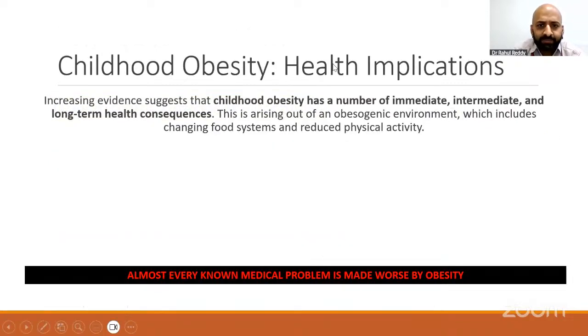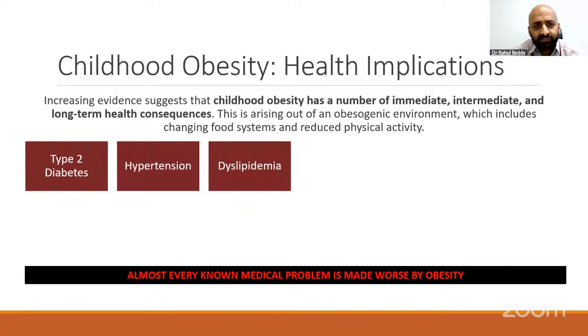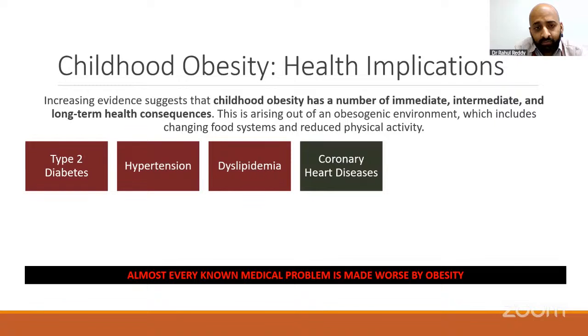So child obesity has health implications which are either immediate, intermediate, or long-term. And we need to know that type 2 diabetes is a common consequence of child obesity, either in adolescence or early adulthood or middle age. Hypertension is another one. Then dyslipidemia can occur because of the wrong dietary habits as well as lack of exercise, and obesity can lead to dyslipidemia.